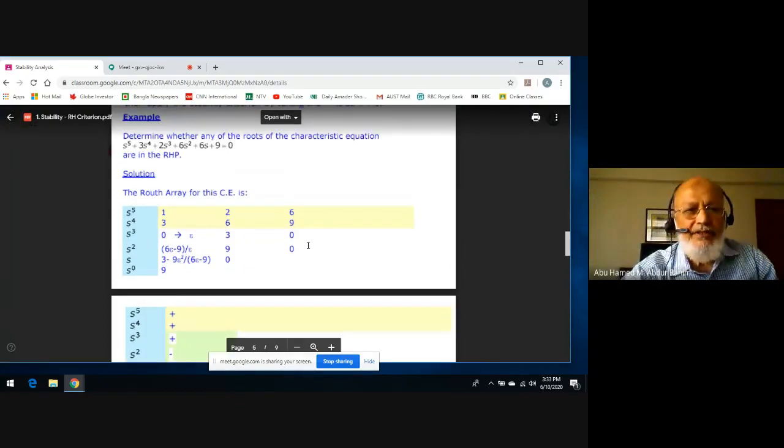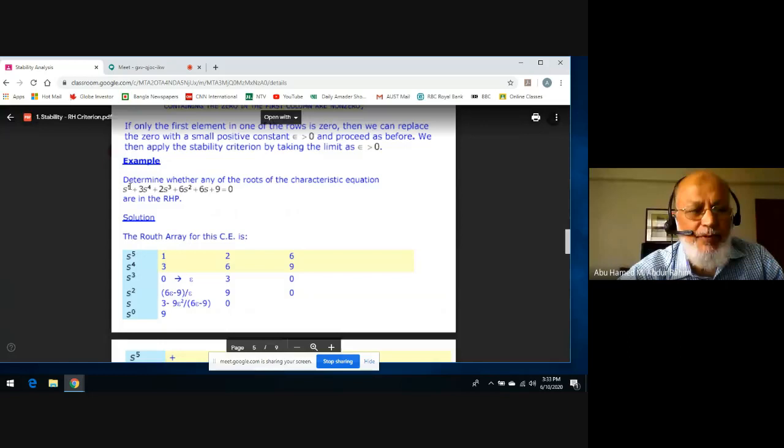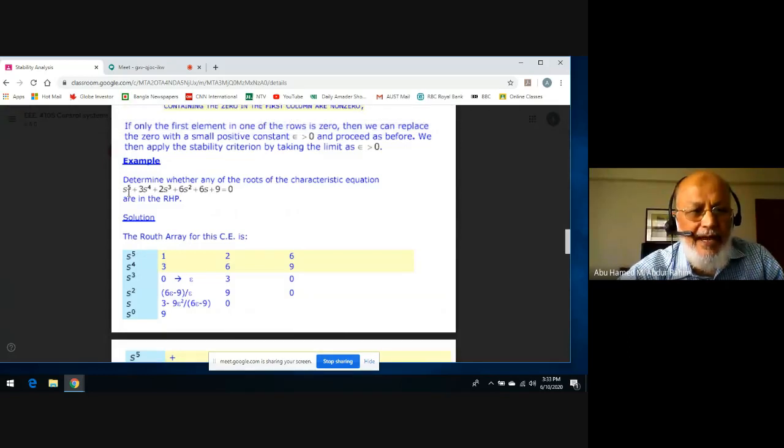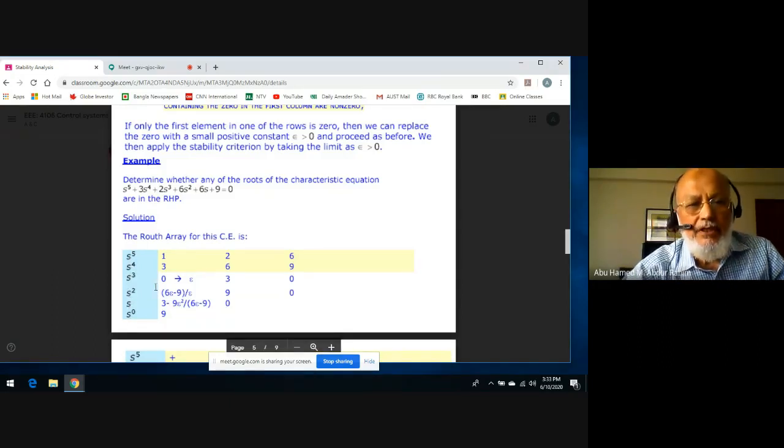How do we do it? We start from the highest power, s to the power 5, and come vertically down to s to the 0: s to the 5, s to the 4, s to the 3, s to the 2, s to the 1, s to the 0. So the first column is made like this, routine.